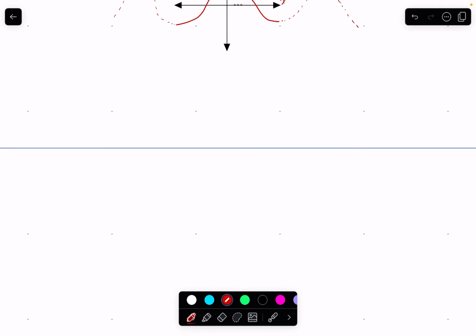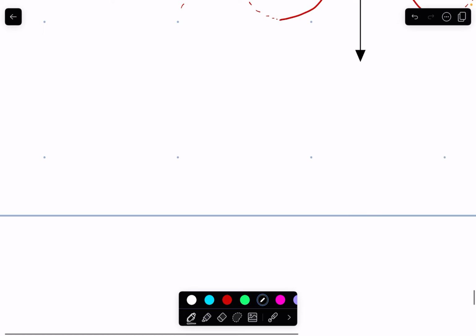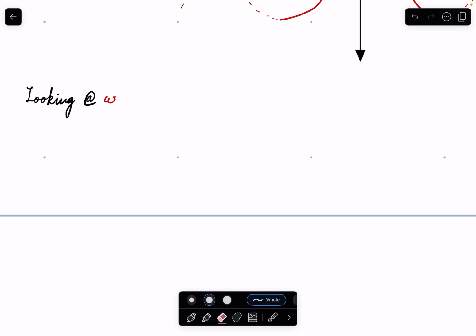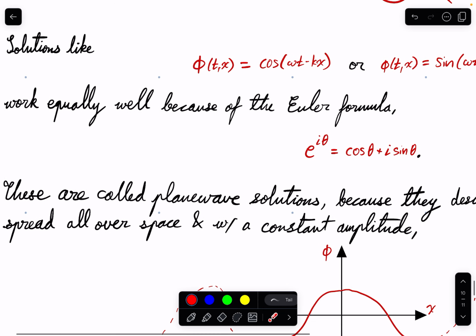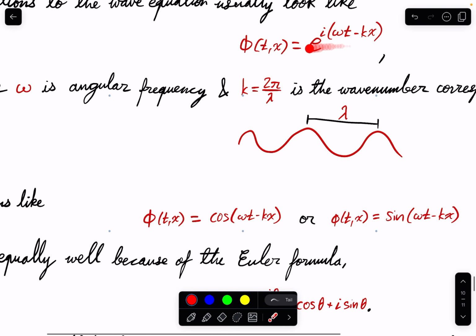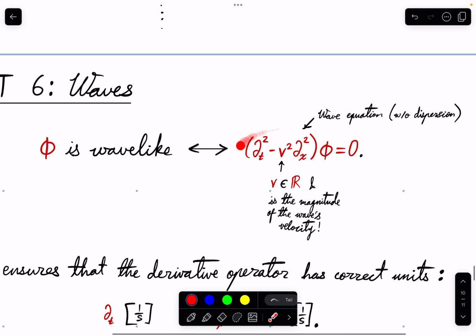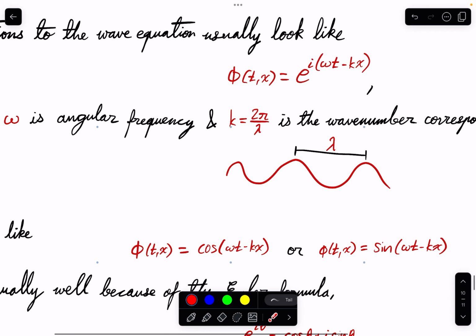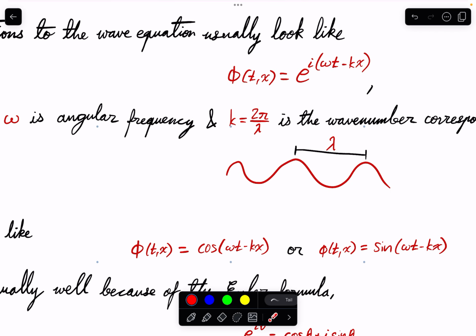So we can look at the relationship between them, looking at omega and k. If we plug this right here into the wave equation, then we can determine relationships between omega and k.